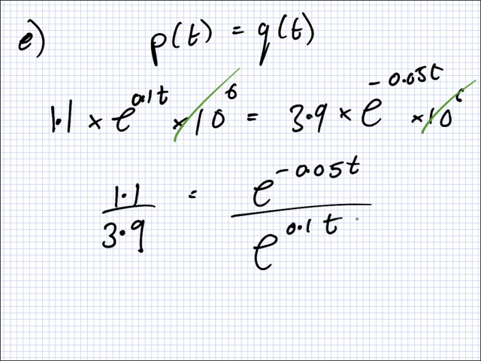Now, a lot of people screwed up here. People started doing mad stuff like cancelling this or cancelling that. I couldn't understand it. So a lot of people forgot what to do here, which is minus the powers: minus 0.05t minus 0.1t.